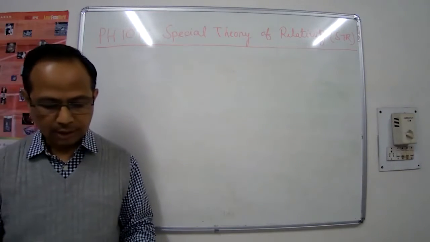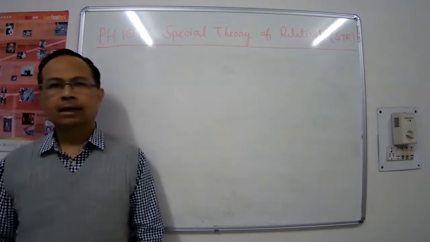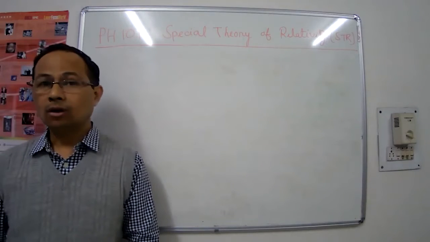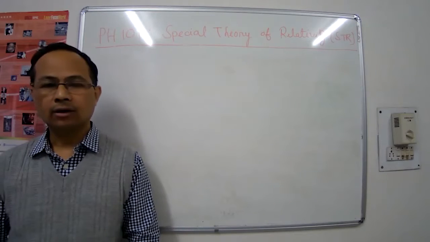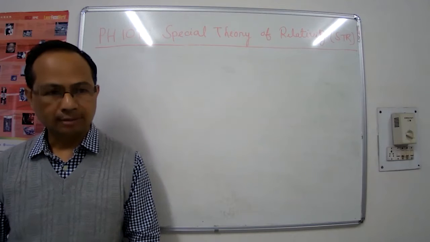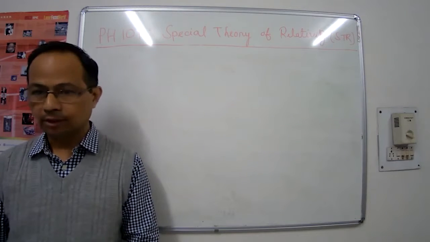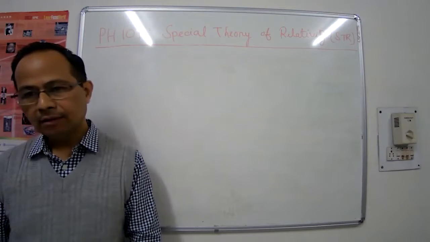Why are Newton's laws not adequate? Again, I discussed yesterday, we cannot say that Newtonian laws are inadequate in general. It will depend on the relative speeds of the frames of reference. Again, why is the frame of reference coming in?